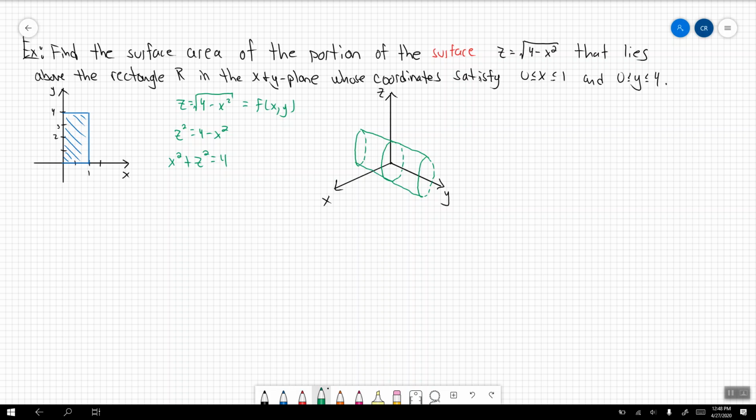Now, if it's extending along the y-axis, again, that's going to be nice. The reason I say that is because we have this small rectangular region. That small rectangular region is going to go out to x is equal to 1, and then y is equal to 4.